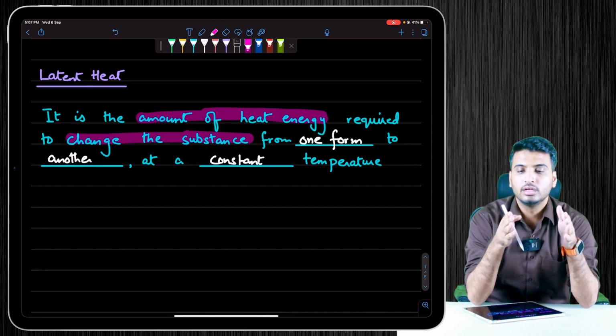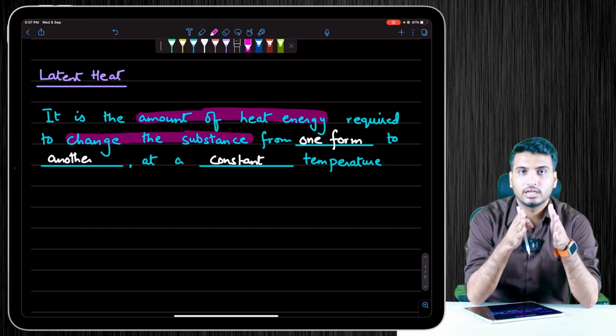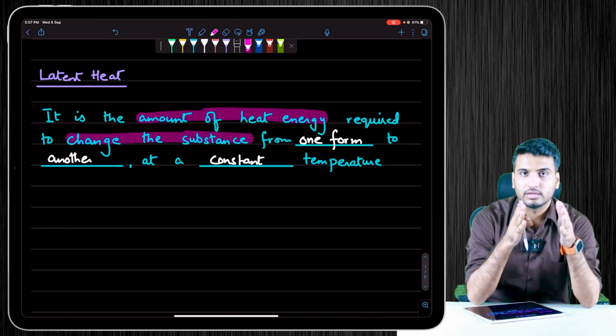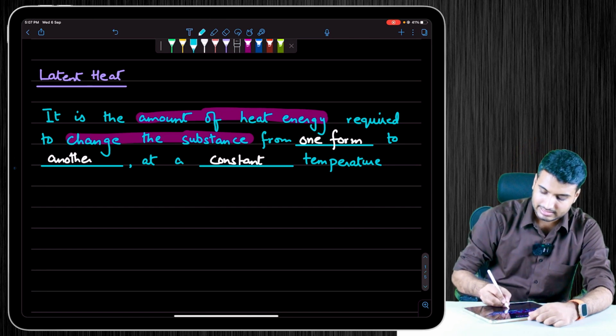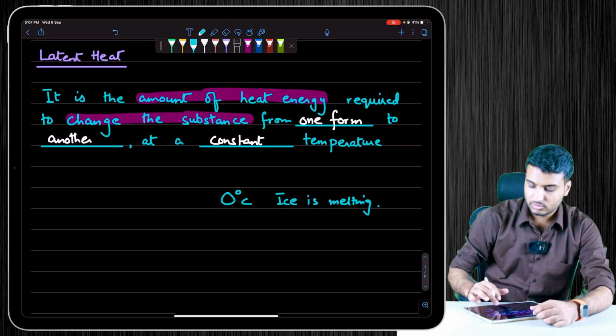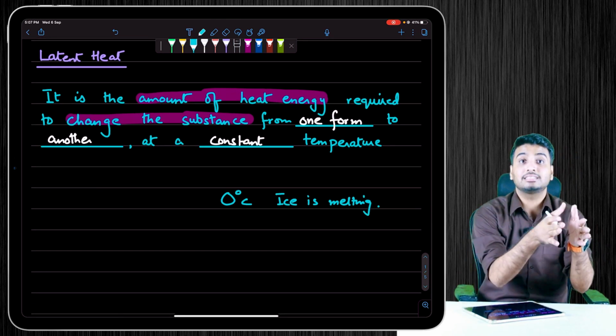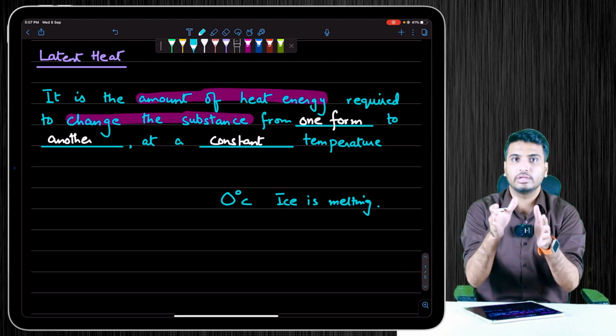For example, what happens during a change of state, like ice to water? During a change of state, ice to water, let's say at 0 degrees Celsius, ice is melting. So it means ice is changing its state, from solid to liquid.